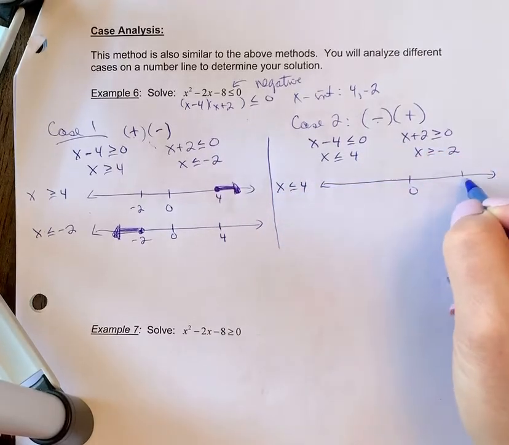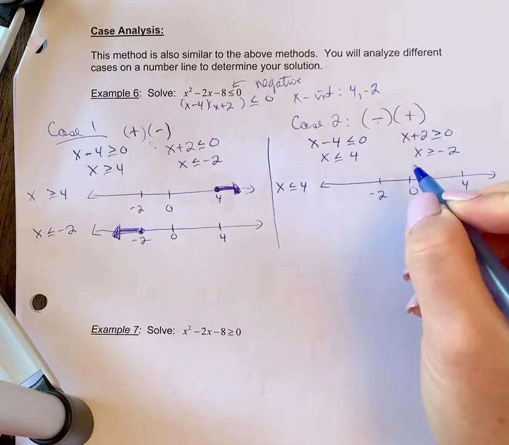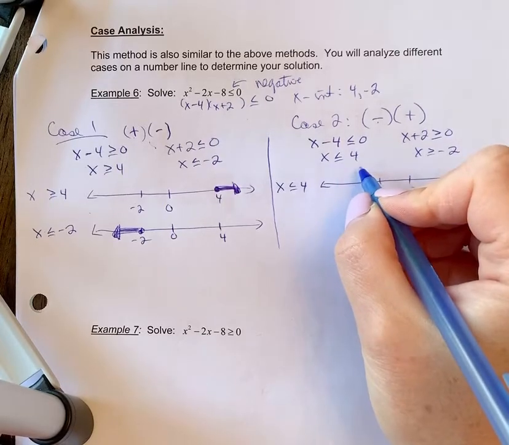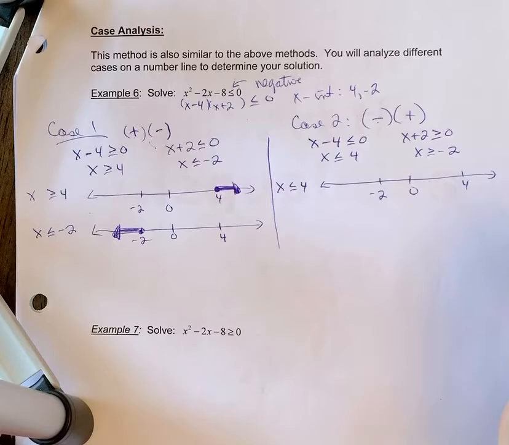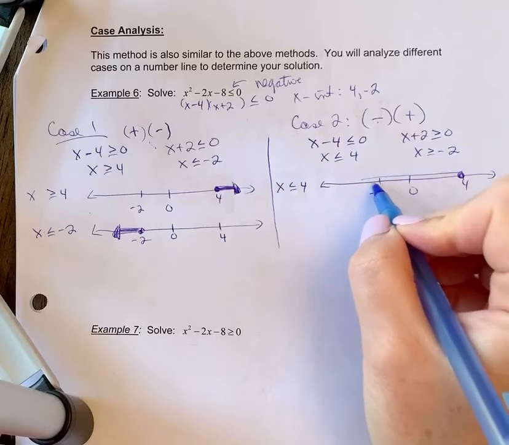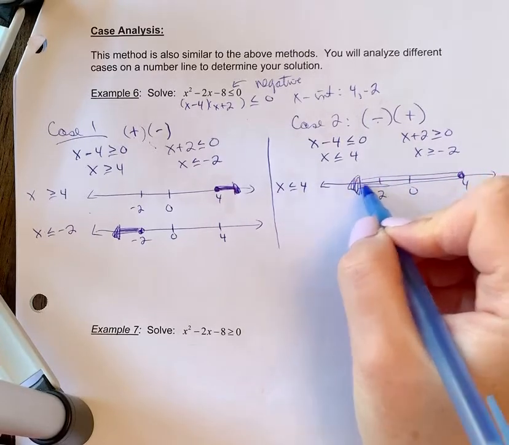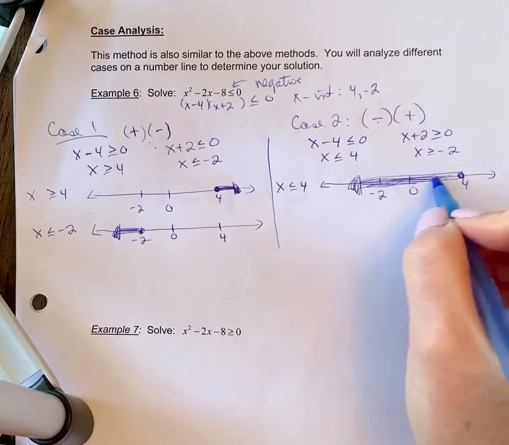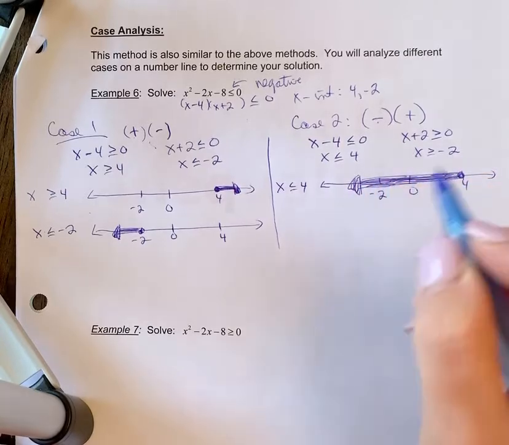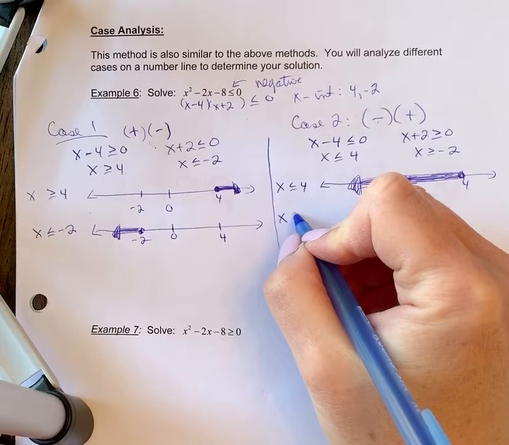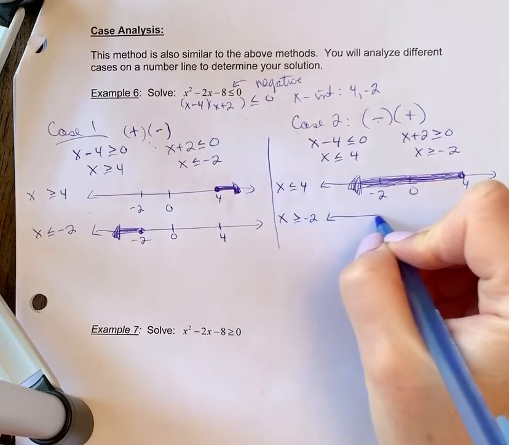So we have 0, 4, and -2. So x is less than 4, so I go to 4 here and shade this. Now I want the shading to go past both other critical points. It continues with an arrowhead, but it's going to stand out more if you shade it longer. x is greater than or equal to -2, so we draw the number line.